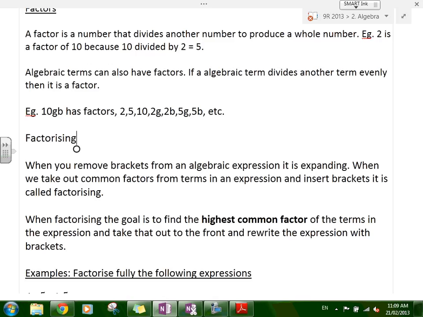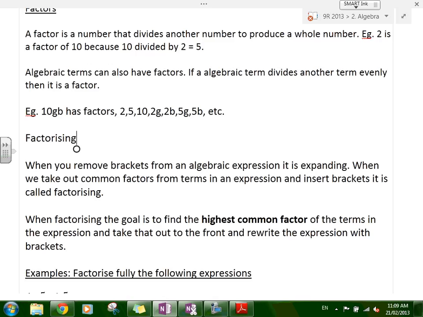Highest common factor of 24 and 15. 3. Did you say 8? 8 does not go into 15. Yeah, so 15 and 24, the highest common factor is 3. 3 divides 15 to 5. 3 divides 24 to 8. There's no other higher number that fits into both of them.